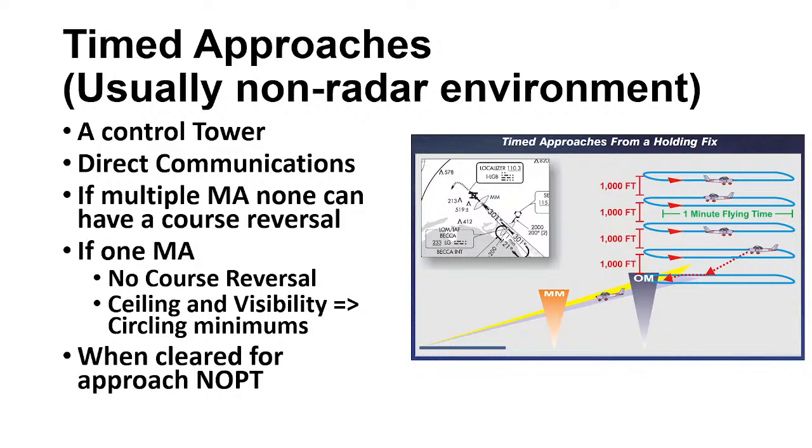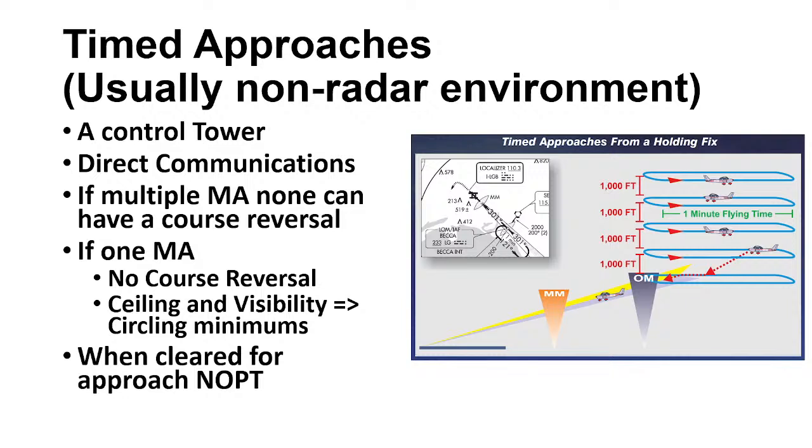If there are multiple missed approaches, none of them can have a course reversal. What does that mean? If any part of a track to go somewhere goes back on itself, that's called a course reversal. Think of the parallel entry where you fly down, you turn around, and you come back on the same thing.